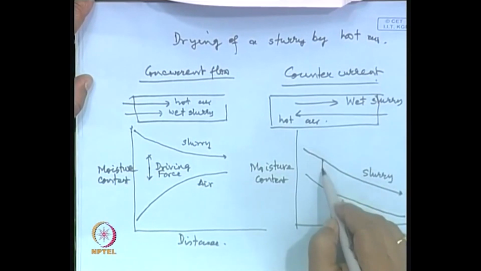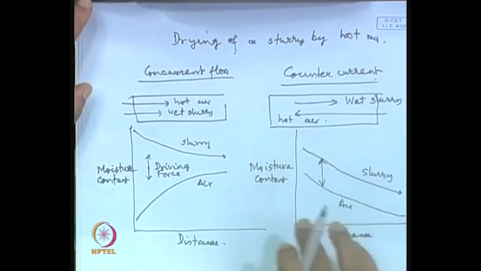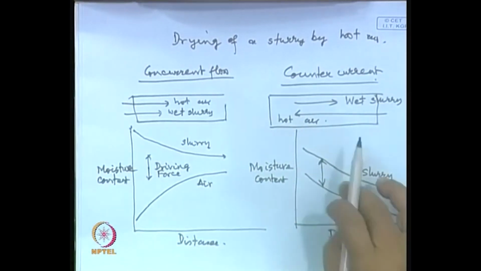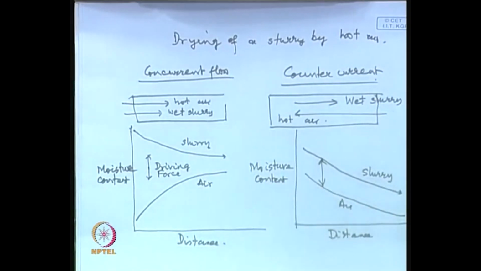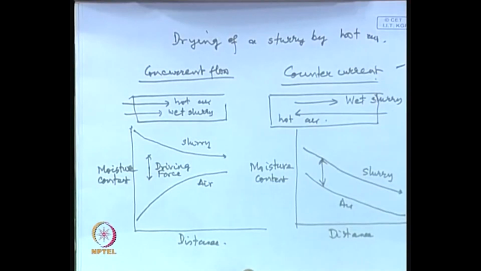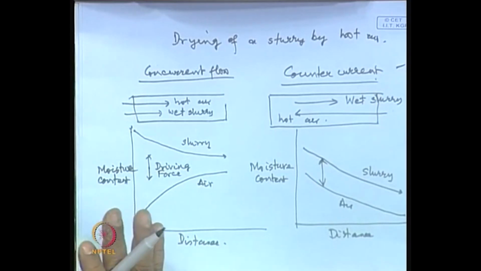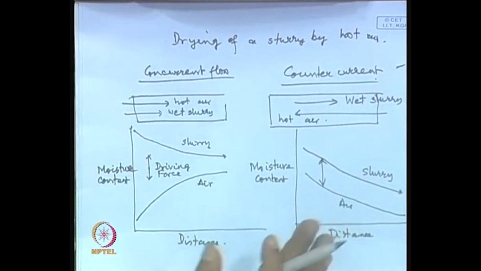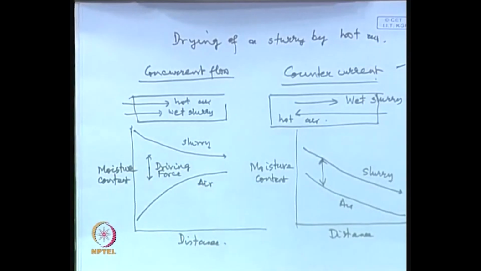Now, here the driving force will remain almost uniform for a long distance. So, if you allow it to flow, counter current flow is very effective in bringing one phase from one layer to the other layer.